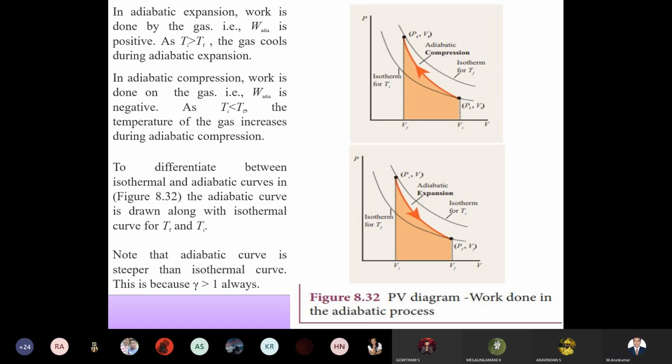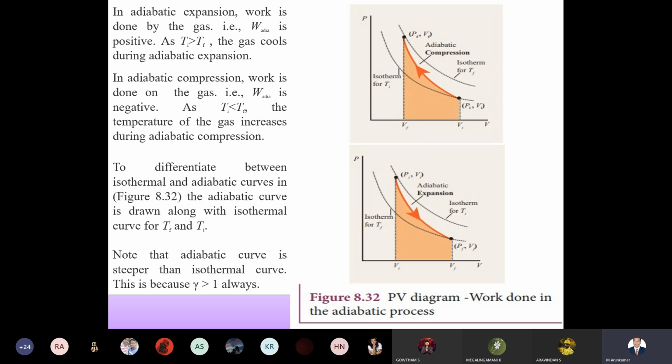Then, this is the PV diagram of the adiabatic process. So look at this diagram. There are two isotherms, in the sense that there are two different temperatures. For P initial, V initial, T initial, there is one isotherm, one temperature.